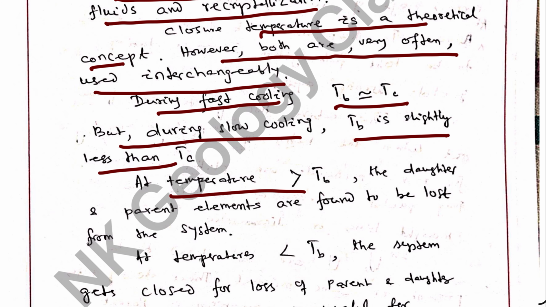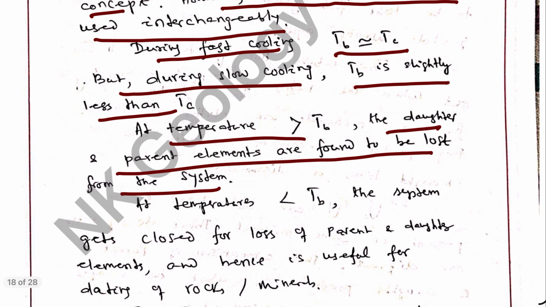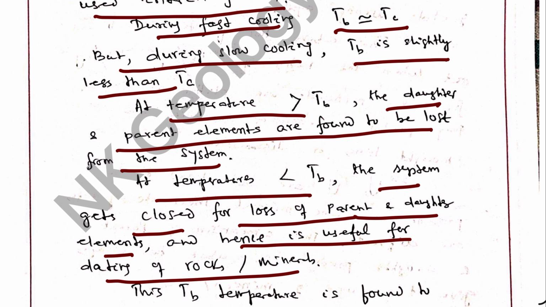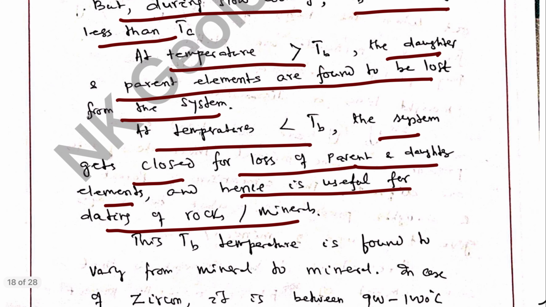At temperature greater than Tb, the daughter and parent elements are found to be lost from the system. And at temperature less than Tb, the system gets closed for loss of parent and daughter elements, and hence is useful for dating of rocks and minerals.